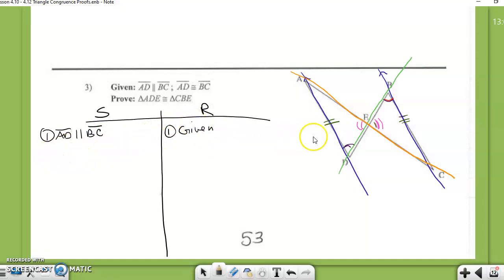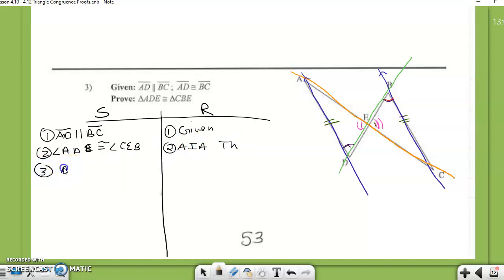Based on that, I've got those parallel lines and transversals, and I've set up that angle ADE is congruent to angle CEB. That's my alternate interior angles theorem. Says they're congruent.